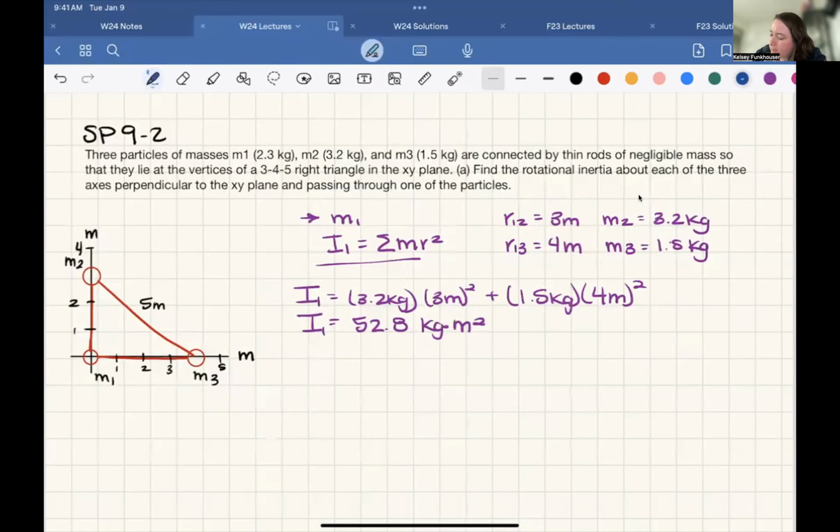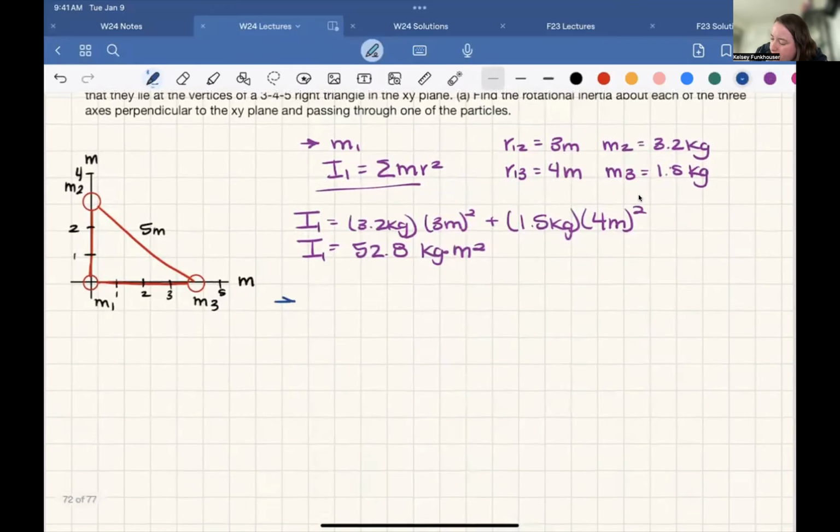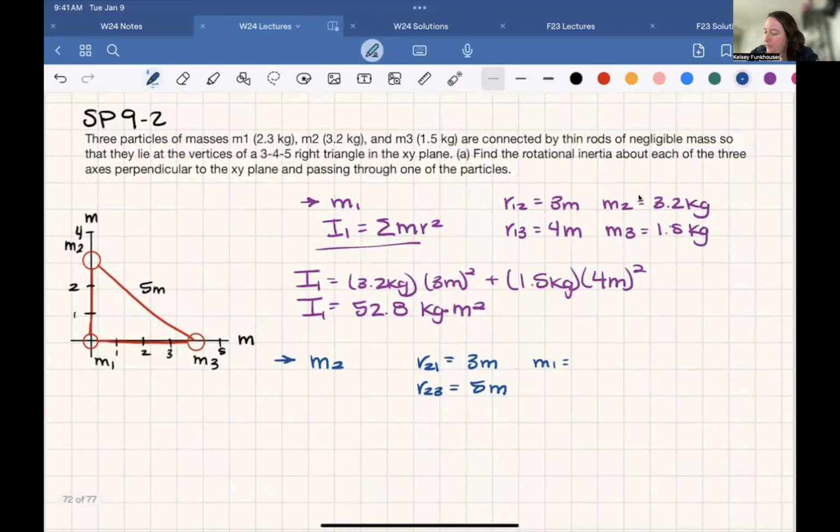Let's pick a different color and do it for mass 2. And we'll just write the radii again. From 2 to 1, it's still 3 meters. And from 2 to 3, it is 5 meters. And let's write mass 1 is 2.3 kilograms, and mass 3 is still 1.5 kilograms.